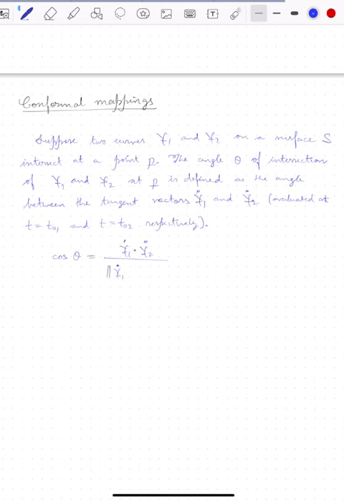So norm of gamma 1 dot and norm of gamma 2 dot. And we can, of course, use the inner product expression. We'll have gamma 1 dot, gamma 2 dot, divided by the square root of gamma 1 dot, gamma 1 dot, and then we have gamma 2 dot.